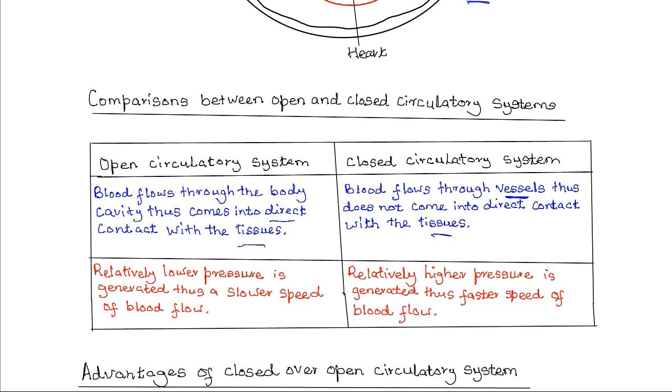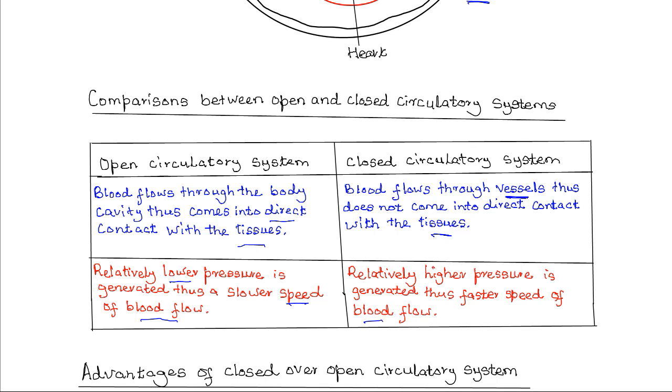Secondly, because of the open body cavity, the pressure is rapidly lost after pumping, so the blood flows under relatively lower pressure, and hence there is a lower speed of flow. But in the closed circulatory system, because of the closed and confined blood vessels, once the blood is pumped, high pressure is maintained. So there is relatively higher pressure that is generated and maintained. Thus, there is a faster speed of blood flow.